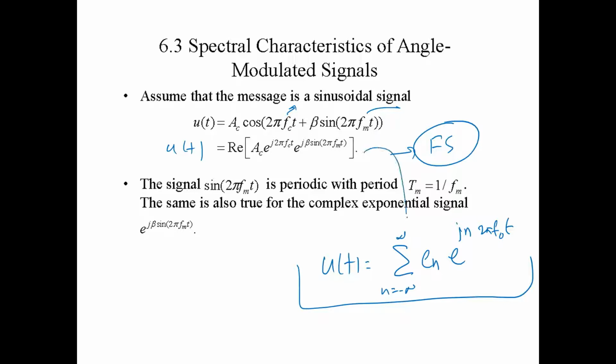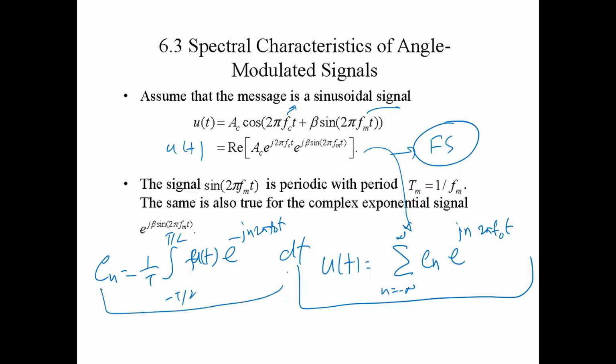So if you want to calculate the Fourier series for this one, first we have to calculate the Cn. And what was the definition of the Cn? 1 over the time period, integral from minus T over 2 to T over 2 of u of t times e to the power minus j n omega naught t, with omega naught 2 pi f naught, into dt. This is the criteria to calculate the Cn, the Fourier series coefficient.